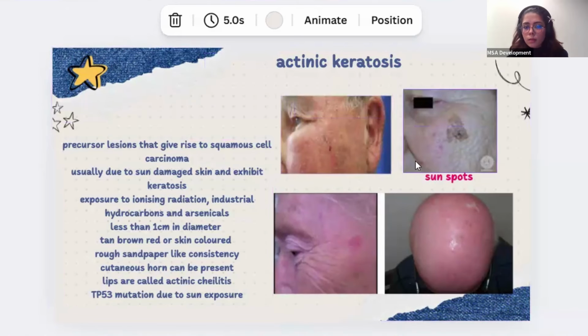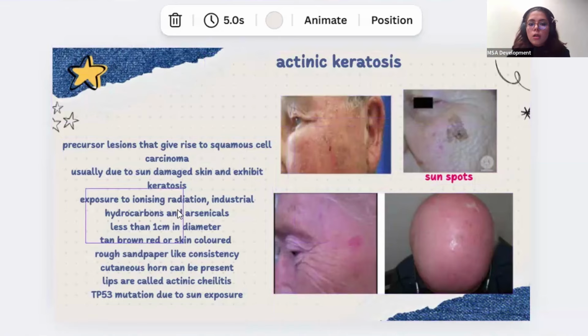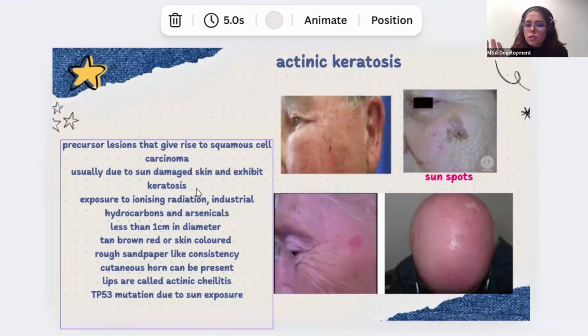Actinic keratosis is mainly due to overexposed skin, and you get something called sunspots. Lentigo looks like sunspots. That's why I said, oh, sunspots. You need to watch out when it comes to actinic keratosis because it can give rise to squamous cell carcinoma. Usually due to sun-damaged skin, ionizing radiation, industrial hydrocarbons, and arsenicals.